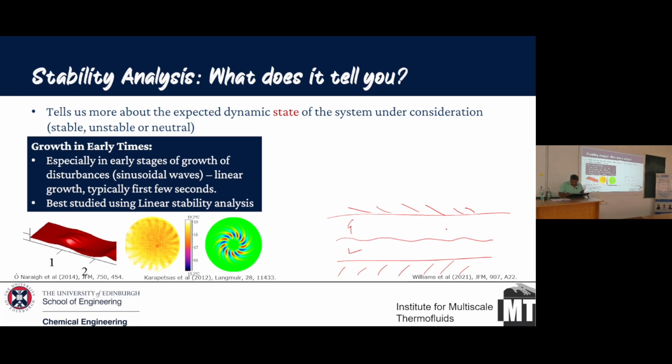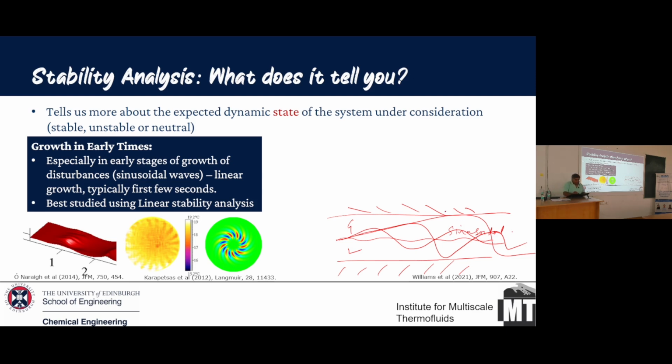Here you can say that it is still a sinusoidal wave. But as time grows, it will show a completely different feature. It grows in this way, still sinusoidal, but after some point it becomes like this, not sinusoidal, and at some point it becomes a slug. This is at later times.